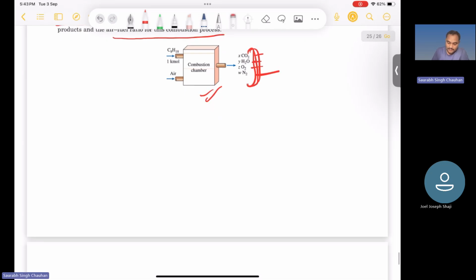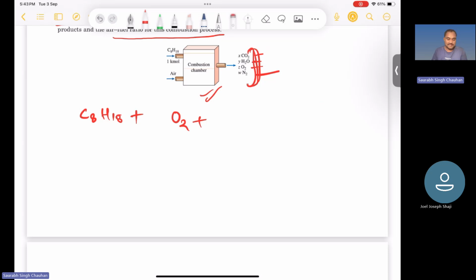So what we have is C8H18 plus air. What is there in air? There is oxygen and nitrogen. You know the ratio of oxygen and nitrogen by volume: around 20% oxygen and 80% nitrogen. You must have read this in books.